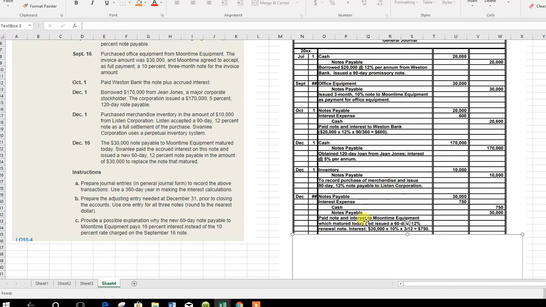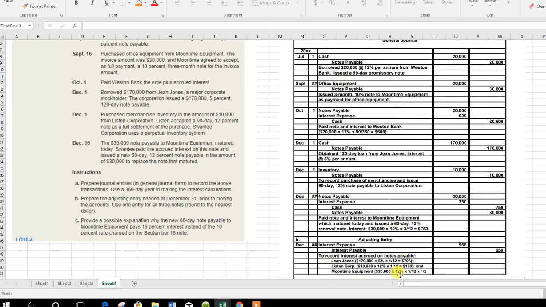And this Moontime Equipment, the date, which is not showing, was the 16th. I will never have you split a month, but again, principal is 30,000 times rate of 10% times time is actually 0.5/12 because it was December 16th.